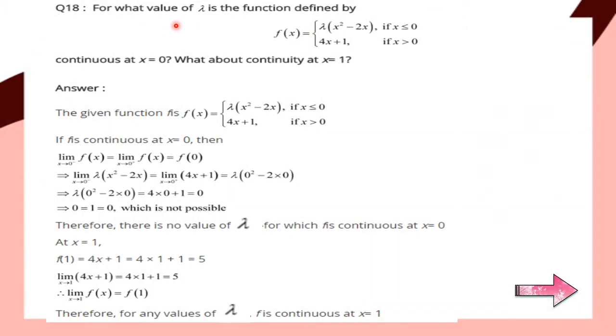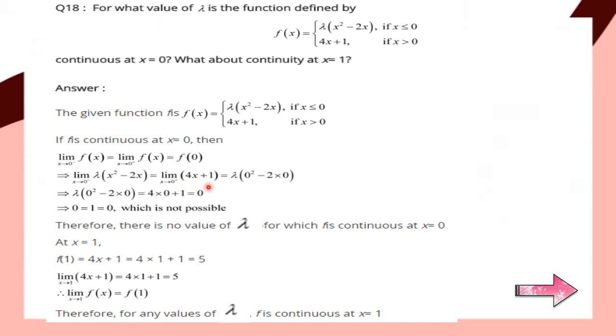Question number 18, for what value of lambda is the function defined by this continuous at x equal to 0? And what about the continuity at x equal to 1? If the function is continuous at x equal to 0, same concept, the left hand limit should be equal to the right hand limit, which should be equal to the value of the function at 0. So the left hand limit is lambda (x square minus 2x).